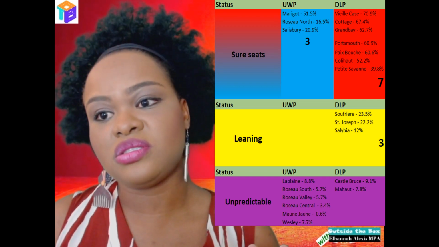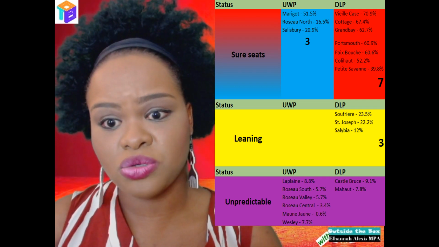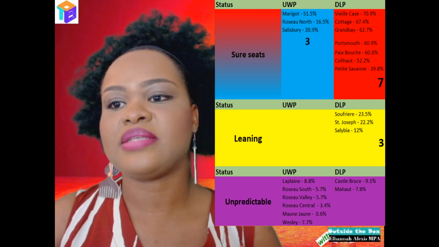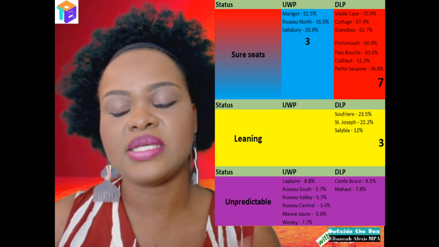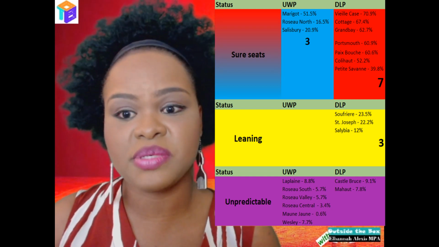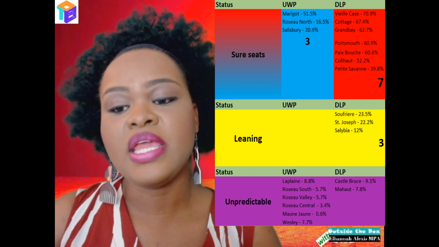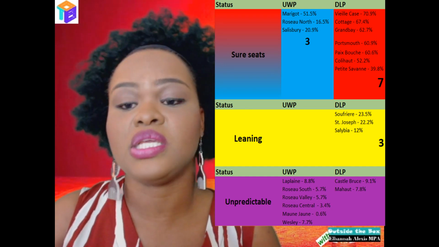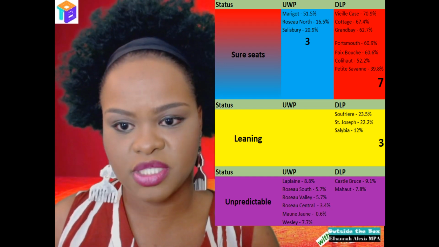Now the Dominica Labour Party's 7 sure seats is also based on that same principle that I just explained. I don't think that in the Vacas constituency there's anything that is going to make 70% of those people who have already voted for the Dominica Labour Party change and vote for the United Workers' Party.